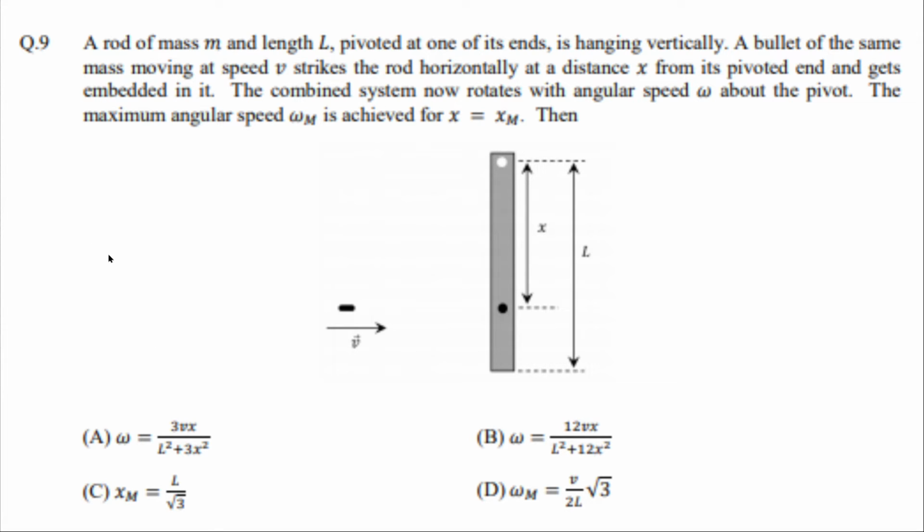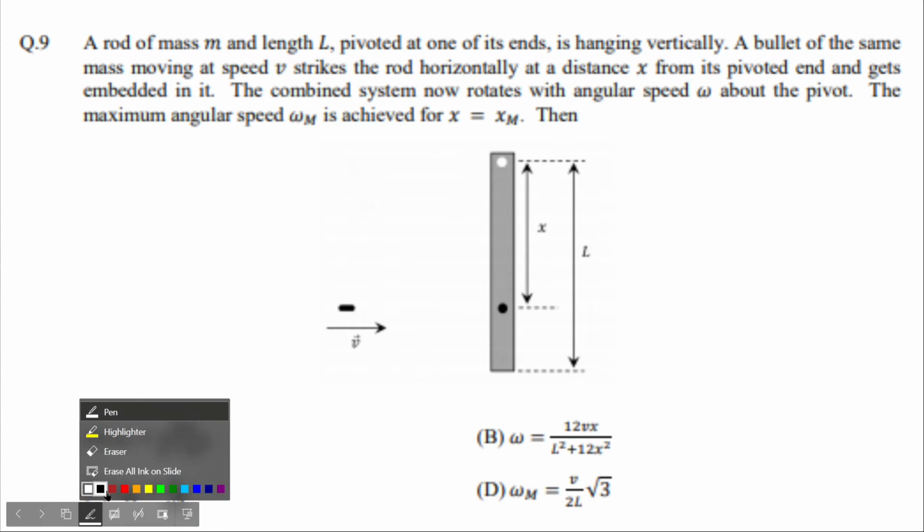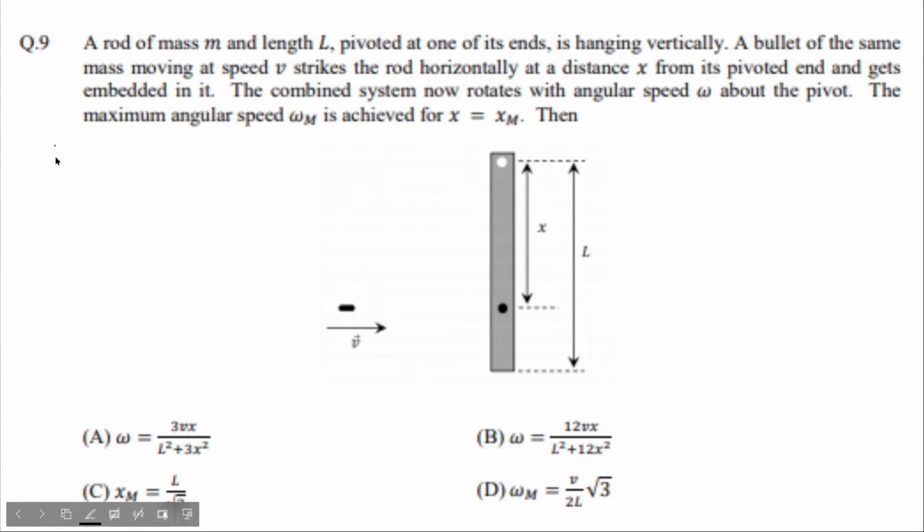So you see, when this bullet gets embedded into it, we'll conserve angular momentum. So we'll use AMC, sorry, angular momentum conservation. So you see L initial is equal to L final.